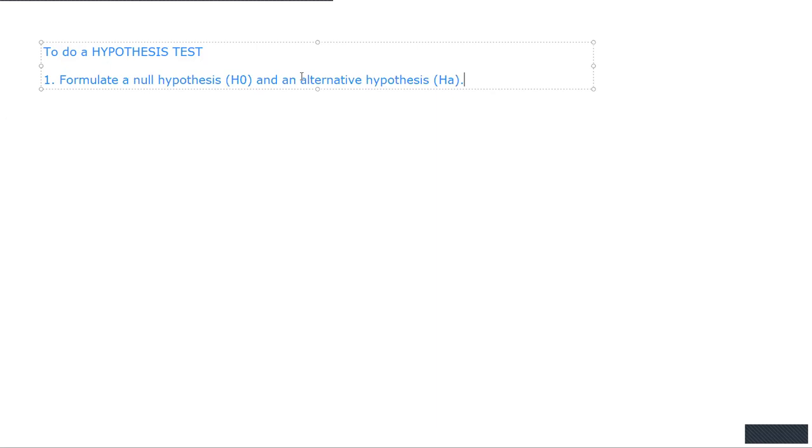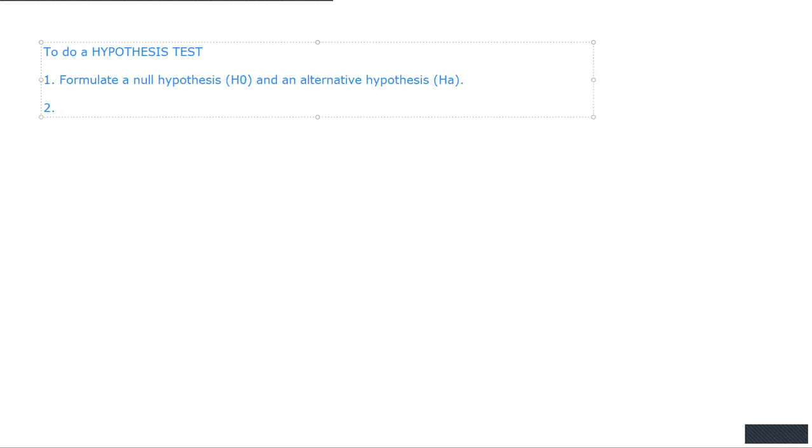And if my data shows evidence that contradicts that null hypothesis, then I'll be able to say that the alternative hypothesis is actually a pretty reasonable explanation why the null hypothesis is false. So I start by assuming that this is true, and what I'm trying to do with the data is contradict that null hypothesis.